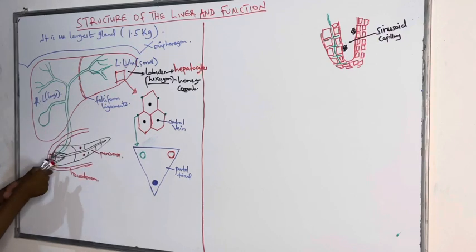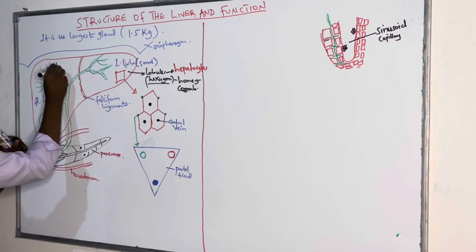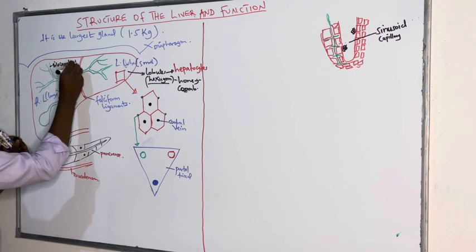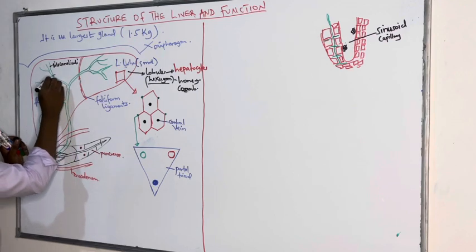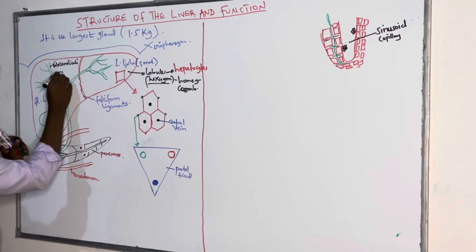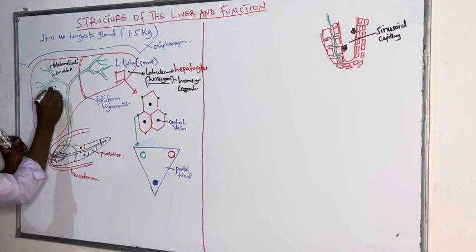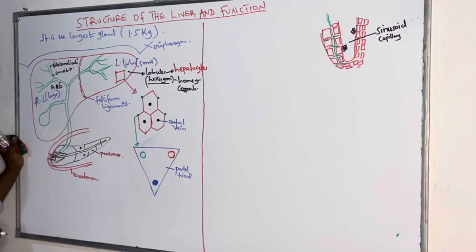It is made up of the smallest portion, the bile canaliculi, which lead to what we call small bile ducts. These small bile ducts give rise to the right hepatic duct.